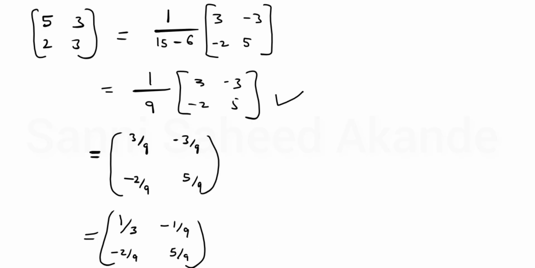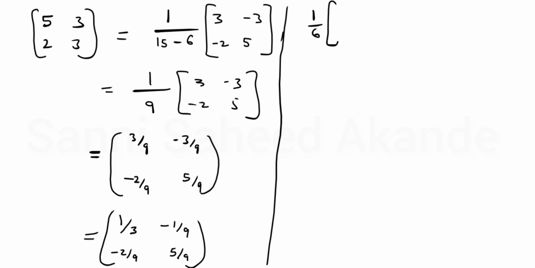And finally, let's take a look at the third one, which is 1 over 6 into 0, minus 3, then 2, 0. So when you are given this type of question and you are told to find the inverse, there's no cause for alarm. Since you have a scalar here, it means this scalar is 1 over your determinant.